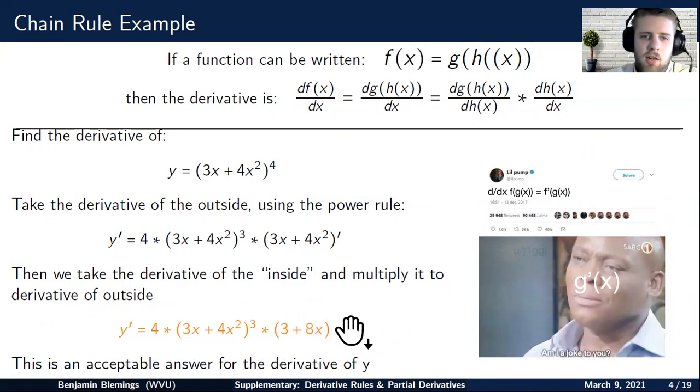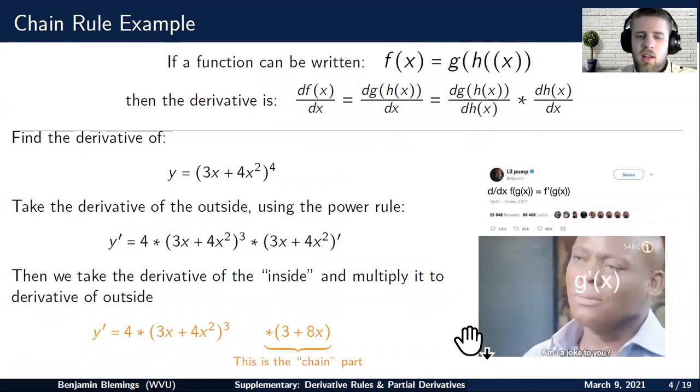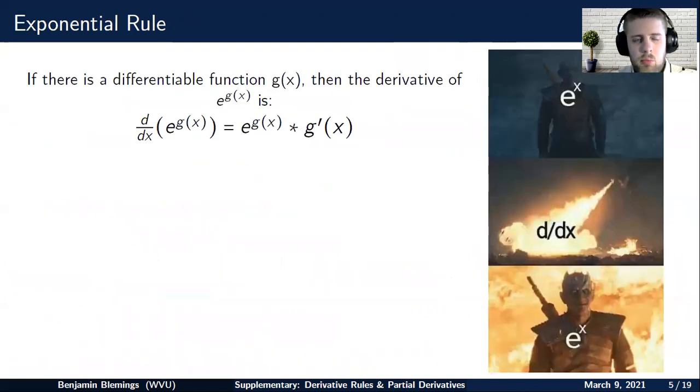We could multiply 4 by 3 plus 8x if we wanted to, but we're just going to leave it at this. This is an acceptable answer for the derivative of y. Again, this is what we mean by the chain part. It's the derivative of the inside of this power. So that's the chain rule, more or less.